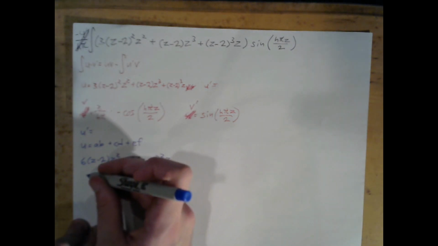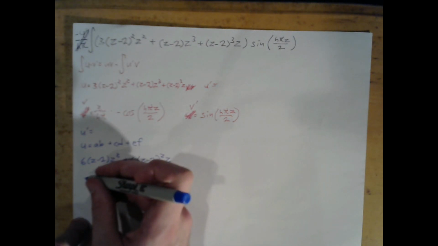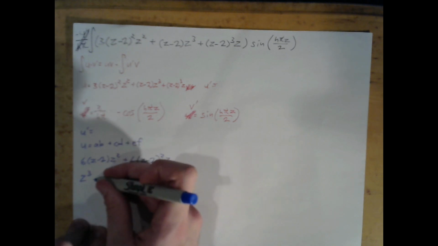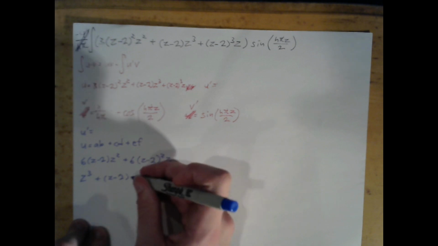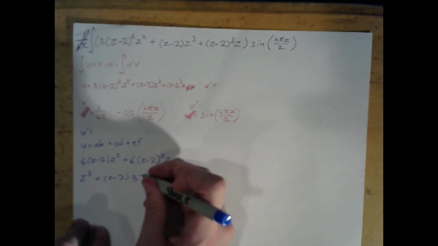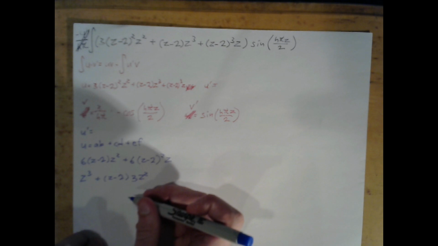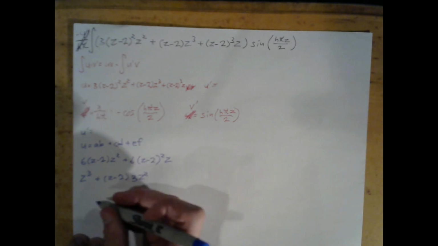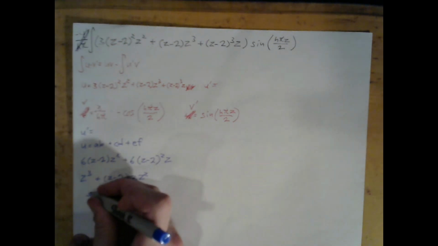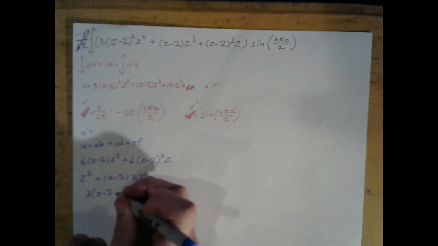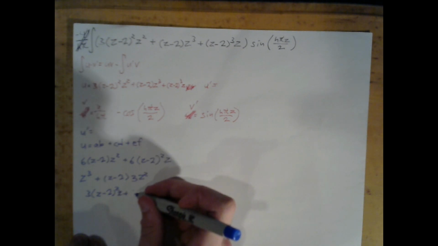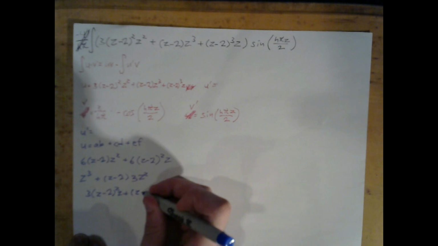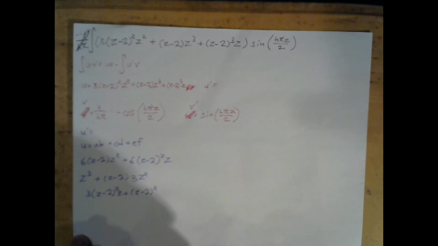Now for cd, we're going to get z cubed plus (z minus 2) 3z squared. And then finally for ef, we're going to get (3z minus 2) squared times z on the end there, my bad, plus (z minus 2) squared.